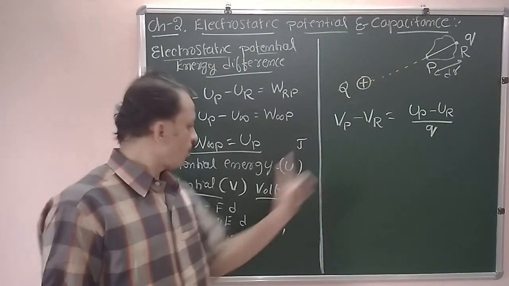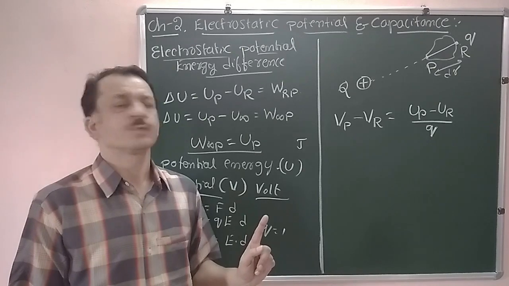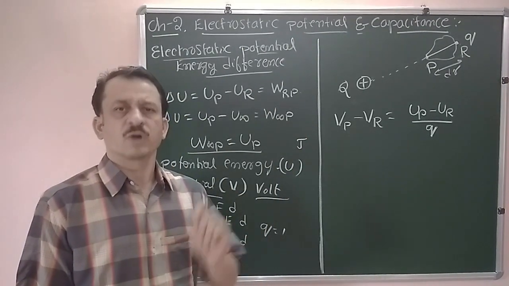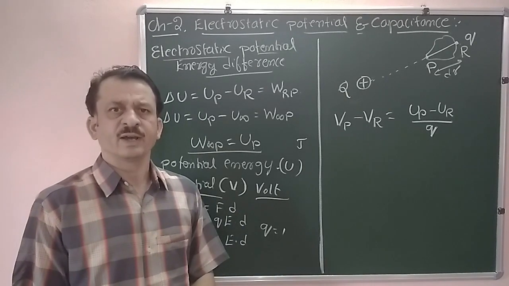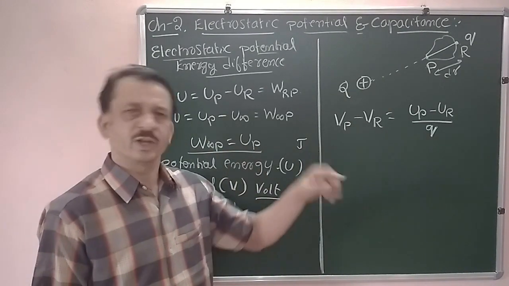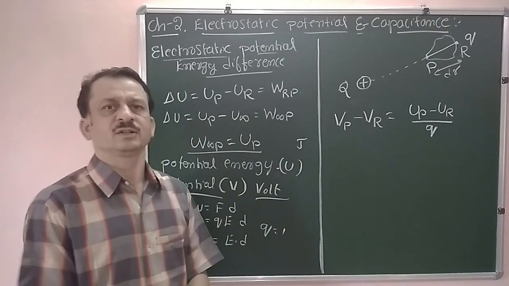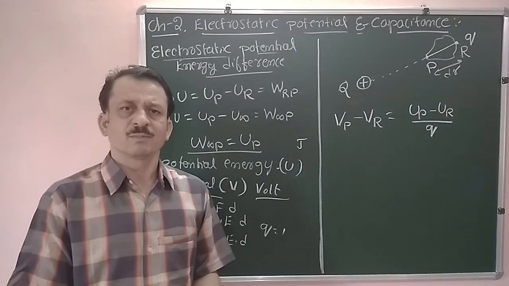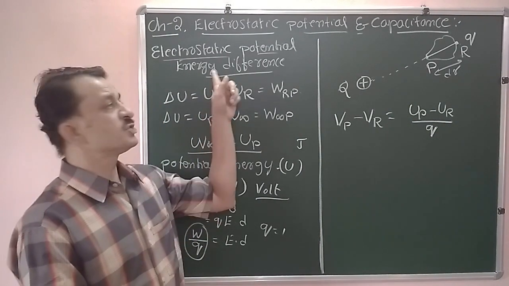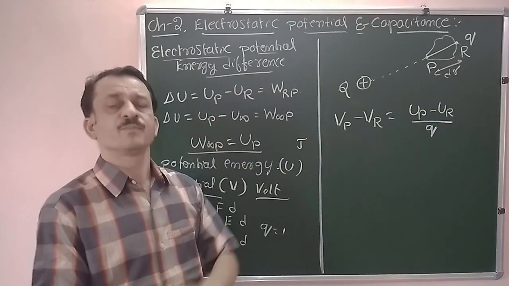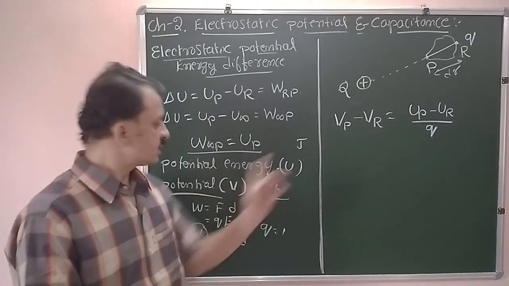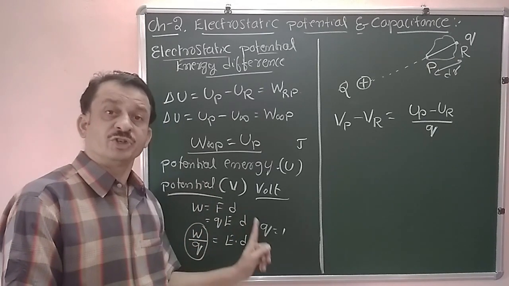Hence, the potential difference between 2 points is the amount of work done in bringing a unit positive charge from one point to another point. Now, whatever remarks we made while studying potential energy, the same remarks hold good even for electrostatic potential.